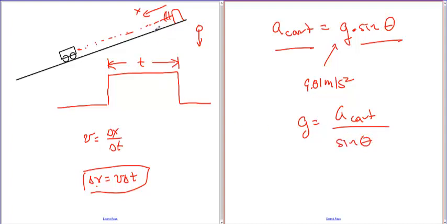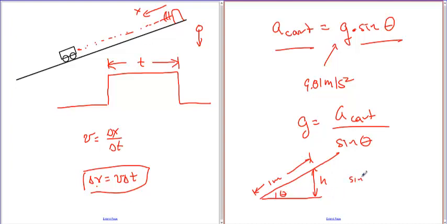There are going to be 2 ways of measuring theta. One, we have what's called an angle indicator, and you'll see it when we do it. The second way is you're going to measure along the ramp 1 meter, and then you're going to measure the height of the ramp above the table, and this is the angle theta.